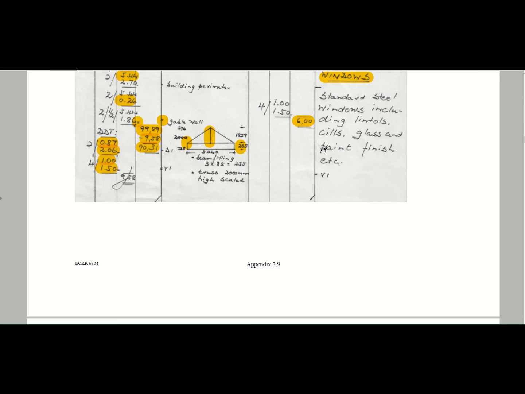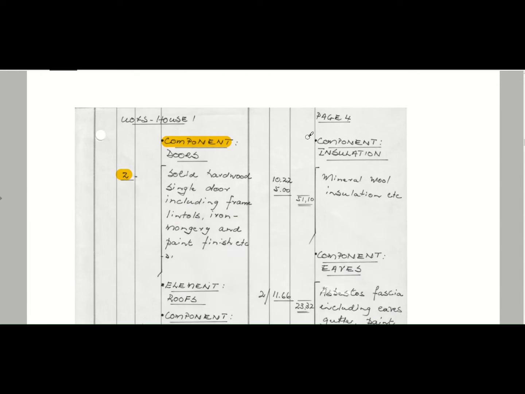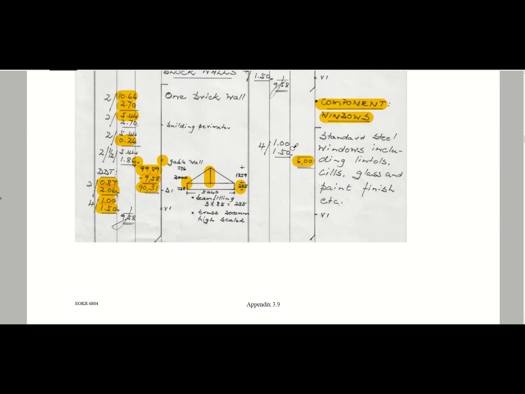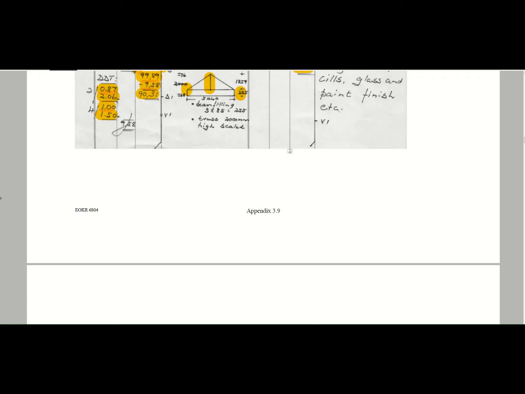If it's steel windows, you use that same rate. If it's aluminium windows, you use a different rate. If it's wooden windows, you use a different rate. It just allows you to have a more accurate estimate. You still have the option of numbers, and in this example numbers would have worked very nicely because you only have one type of window.